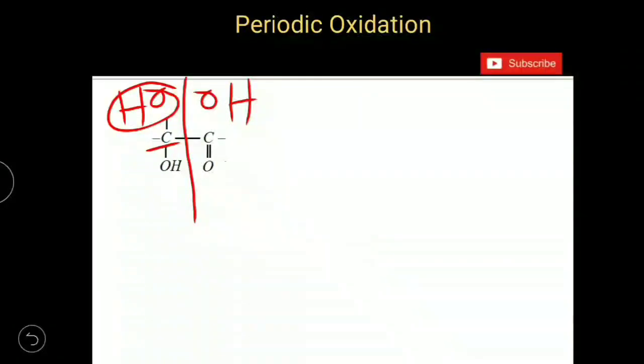That's why remove H2O from it. This OH and this hydrogen are removed, so you got a CO group. This alcohol group is converted into a carbonyl group. And in the remaining part, you got C double bond O to which an OH group is bonded. It has become COOH, a carboxylic acid group.